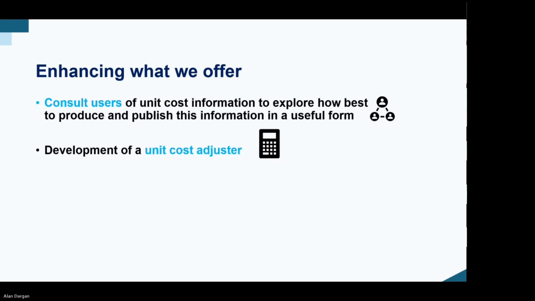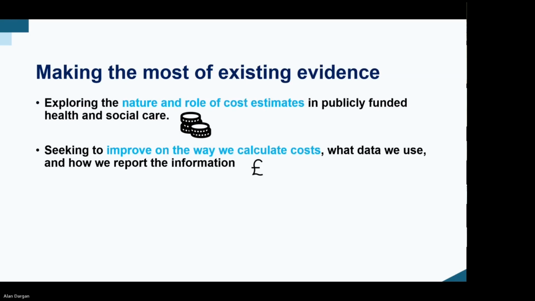Next slide, please. So the third component of the research is to think about, as perhaps the more researchy aspect of the programme, where we're trying to improve the way we calculate unit costs. And we're informed by our advisors and people such as yourselves about what matters to people.